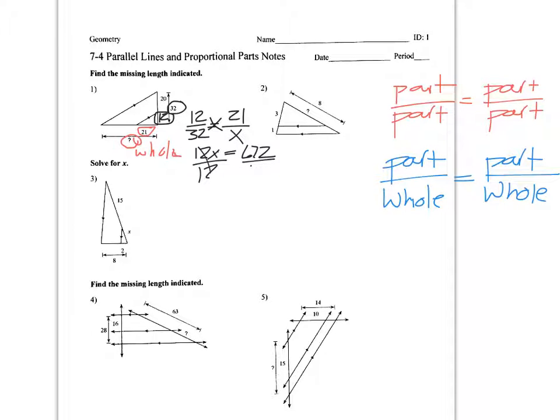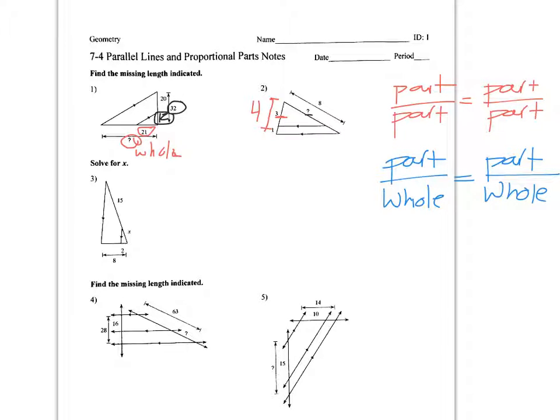Okay, so now I've got room to do problem number 2. In problem number 2, I'm looking for a part. This right here is a part. I have the two parts on the left-hand side, but I can get the whole from here to here by adding those two together, so that's 4. Now I'm going to set up my proportion.